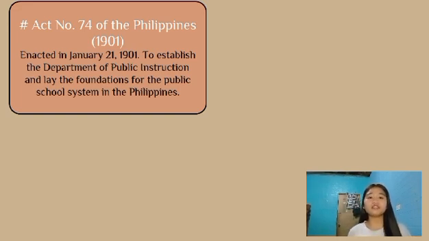It made education free for all Filipino children and set up schools across the country. For example, American teachers called Thomasites came to teach in the Philippines, and they used English as the main language in the schools.